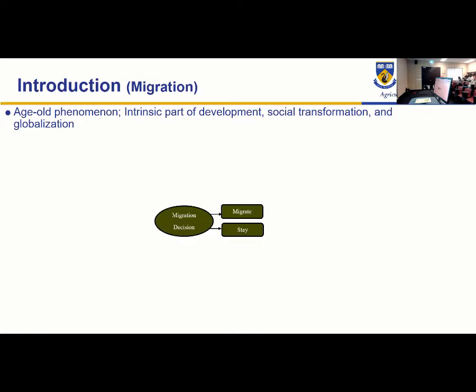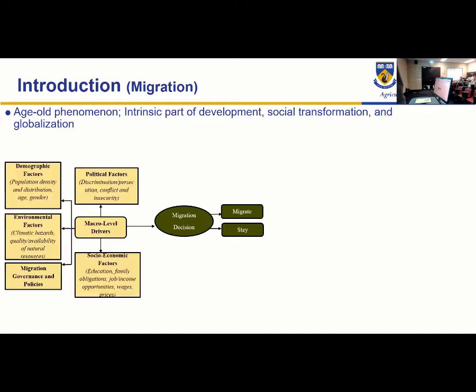When we talk about migration, who makes the migration decision? It is either an individual or a household that takes such migration decisions. But what influences an individual or household to make a migration decision? If we see the drivers, there are different drivers, and those include macro level drivers.